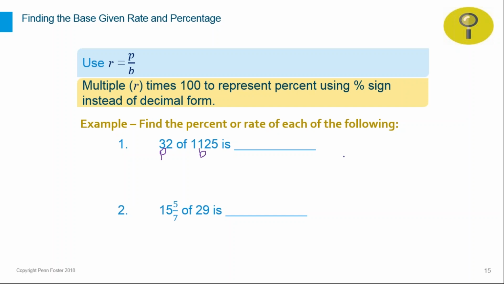We're trying to find the percent. R equals P over B, the percentage is 32, divided over the base, 1,125. Use your calculator. You will get a decimal answer, 0.028. That's not the final answer. It's the correct number, but it's not going to represent what we're looking for. We're looking for a percent. So multiply this decimal times 100. So move the decimal point 1, 2. Then your answer is 2.8%.